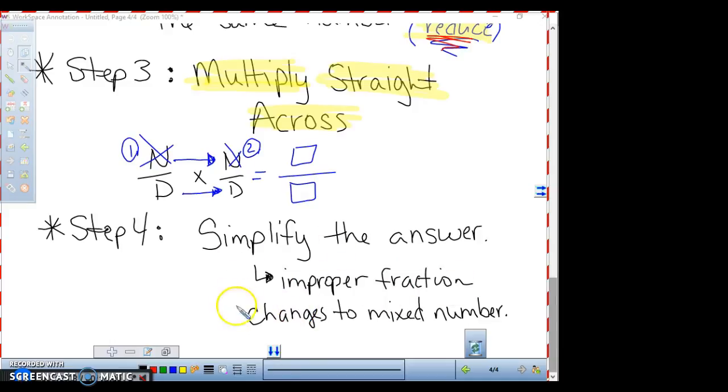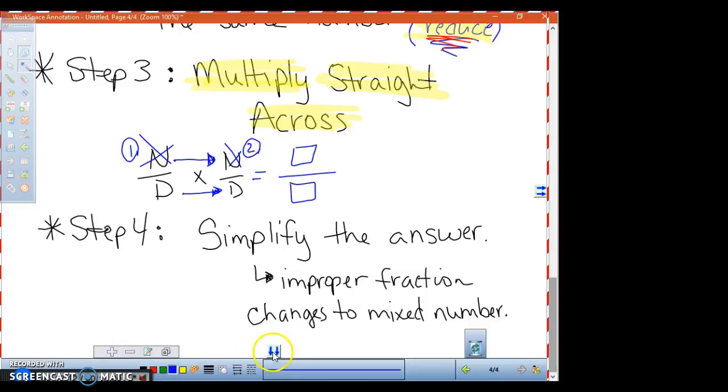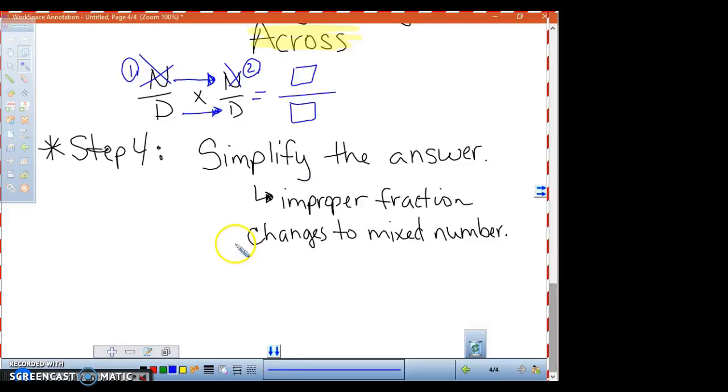How do you change a mixed number to an improper fraction? Or excuse me, how do you change an improper fraction to a mixed number? For example, 13/5. How do I do that? Ethan? You divide the number. Good. Which number divided by which number? The numerator divided by the denominator.